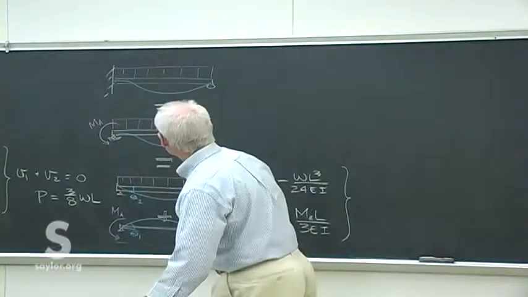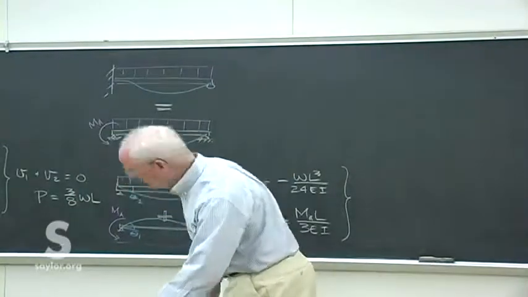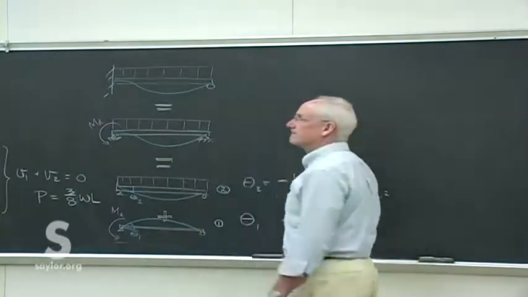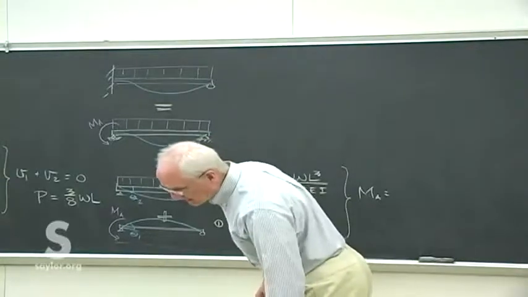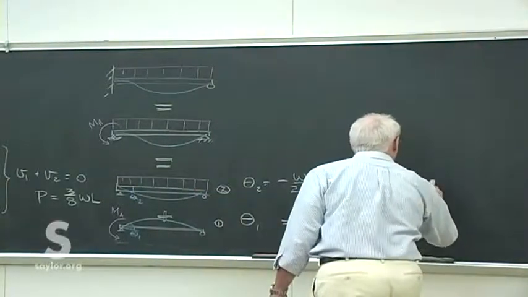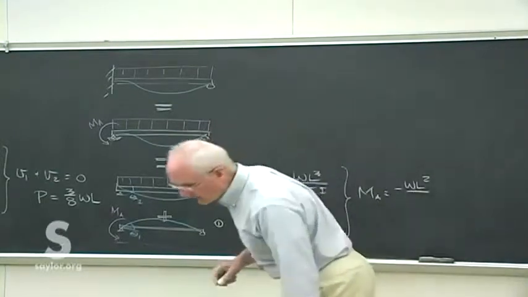And so we put that together, we should get an MA equal to minus WL squared over 8.